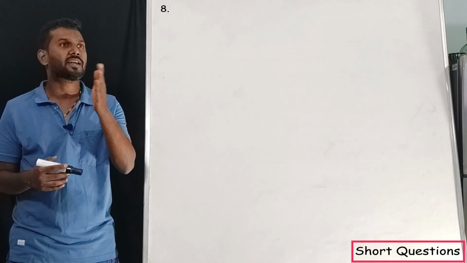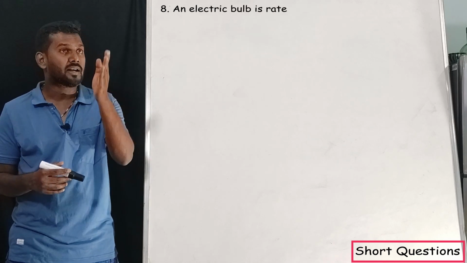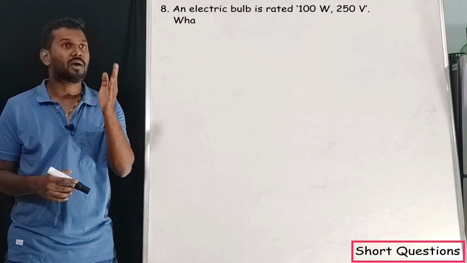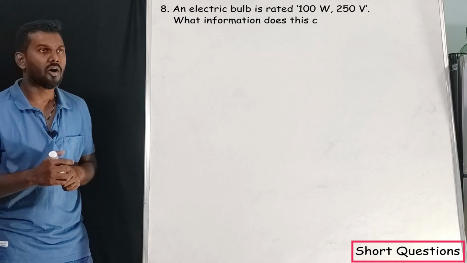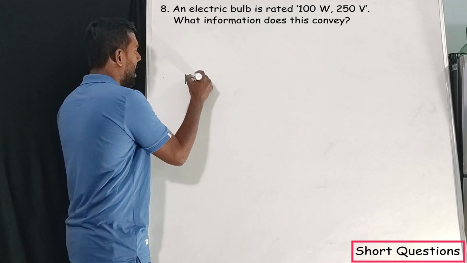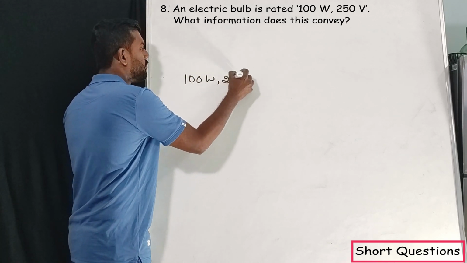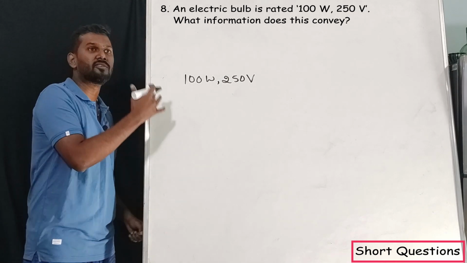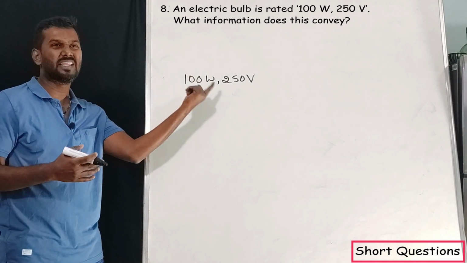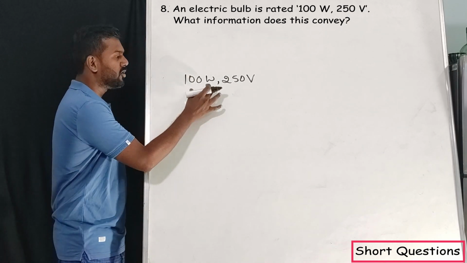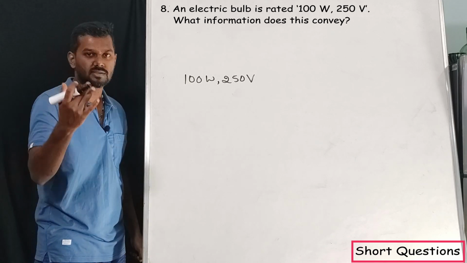Our next question, an electric bulb is rated 100 watt and 250 volt. What information does it convey? Okay, very simple. See, 100 watt and 250 volt supply. So what information we are going to get from this data? Very simple. We know what you mean by 100 watt appliances, correct?